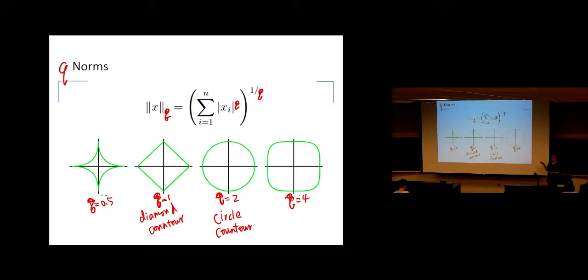All the points on the circle have the same 2 norm, all the points on this diamond have the same 1 norm, and on this weird diamond-like shape all the points have the same 0.5 norm. You can see there's a pattern there. And this is the 4 norm.